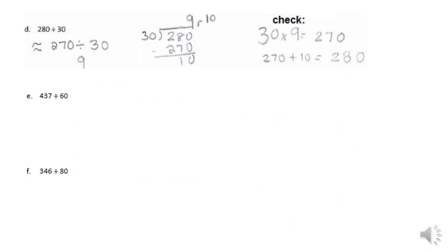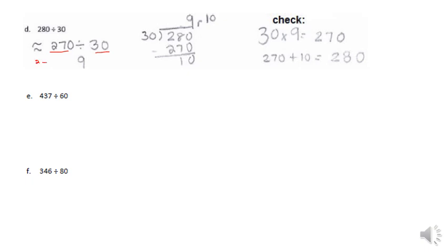D was done for us. So as you can see, they kept the 30. The multiple closest to 280 would have been 270. That's our compatible number. And 27 divided by 3 is 9. So 270 divided by 30 would be 9.